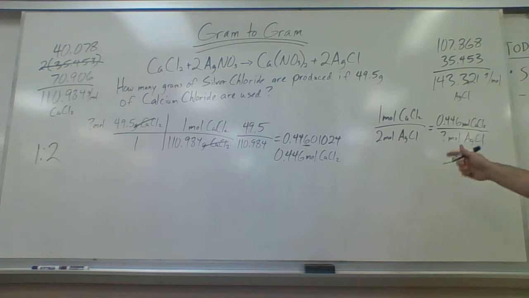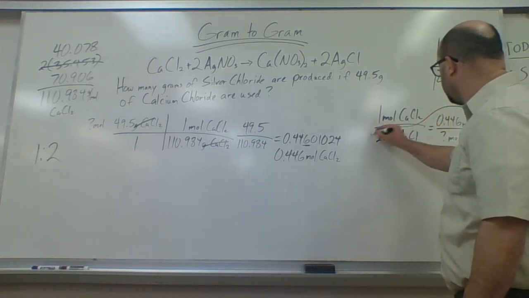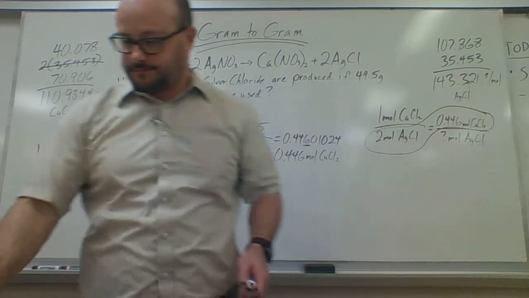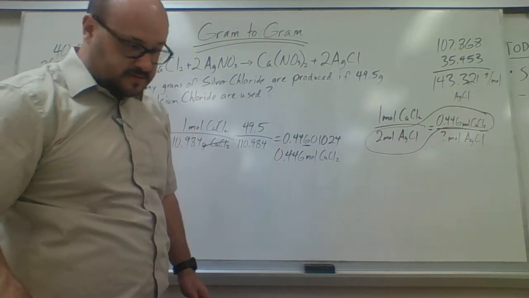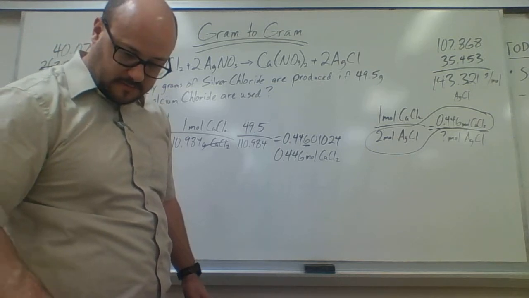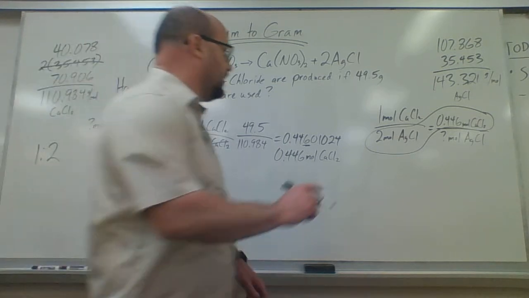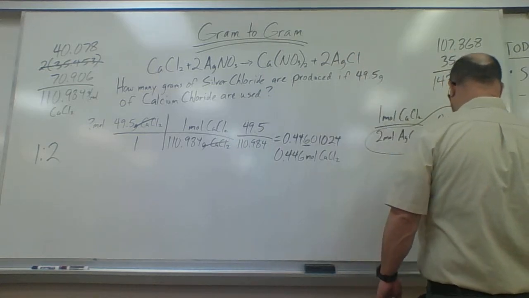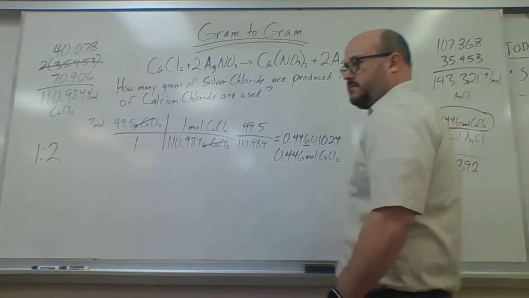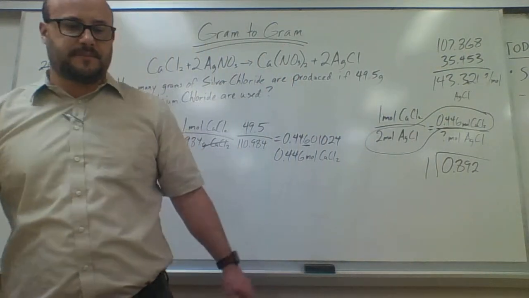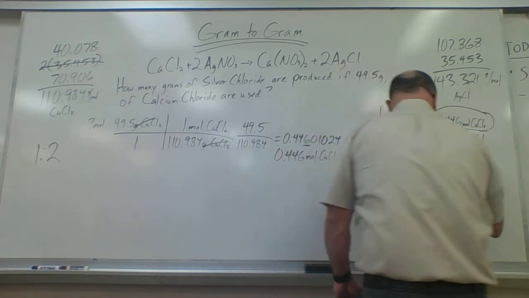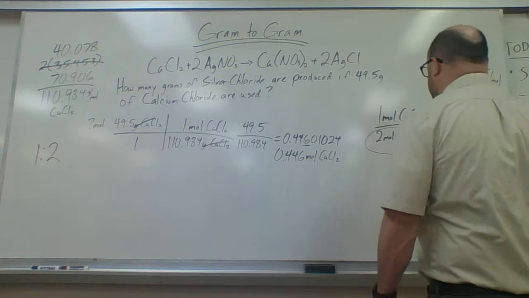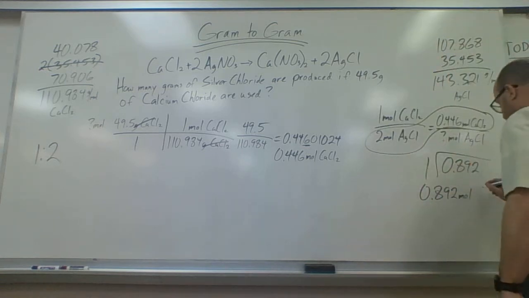And then do your favorite technique, cross multiply and then divide. So 2 times 0.446 gives us 0.892. So 0.892 divided by 1, and I don't think we need a calculator for that part. So that gives us 0.892 moles, and now this time we have silver chloride.